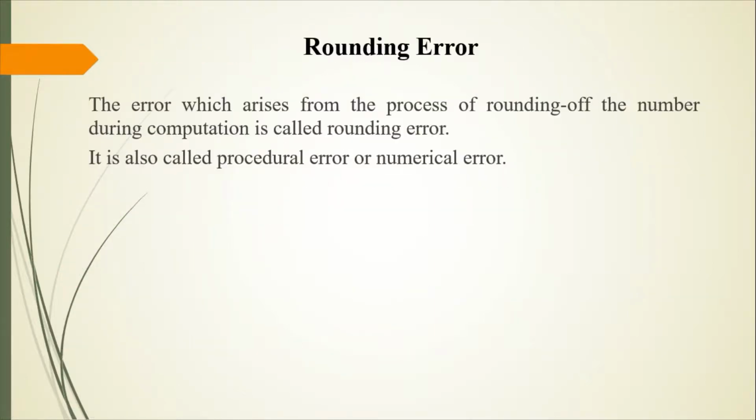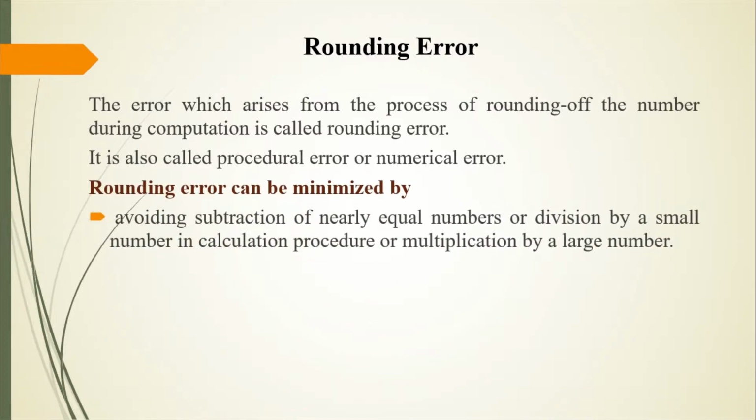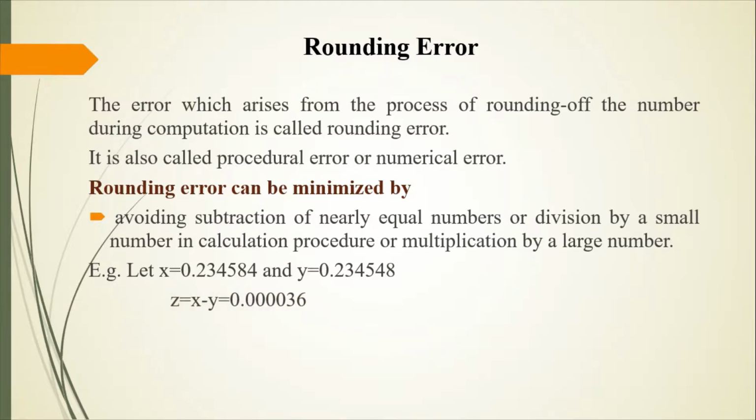Rounding error. This type of error arises due to the rounding of a number during calculations. This error is also called precision error or numerical error. We can minimize this error by avoiding subtraction of nearly equal numbers. For example, x and y are two numbers correct to 6 significant digits. The difference of these two numbers, z, is only correct to 2 significant digits.